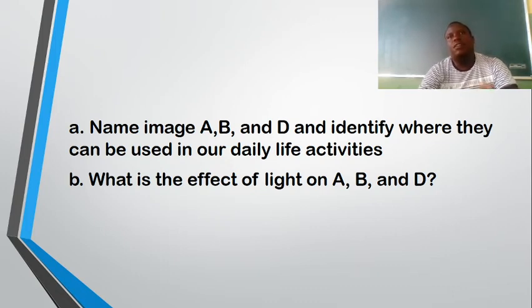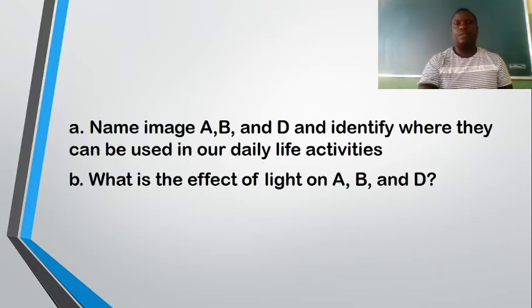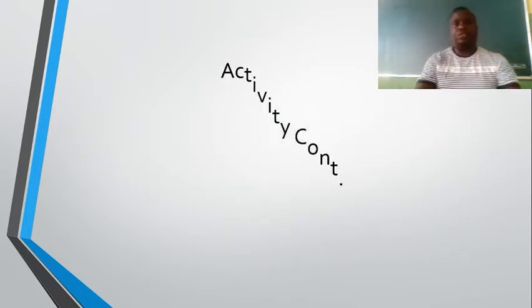When light strikes the surface of those images, what happens? Do you remember what has happened? When light strikes the surface of those objects in the images. So I can continue with those questions.